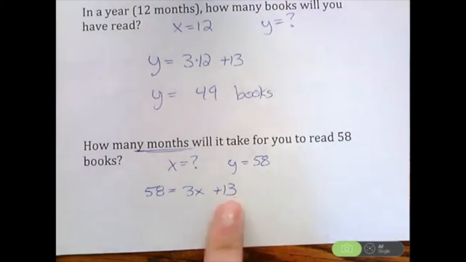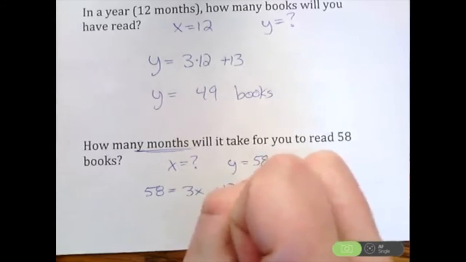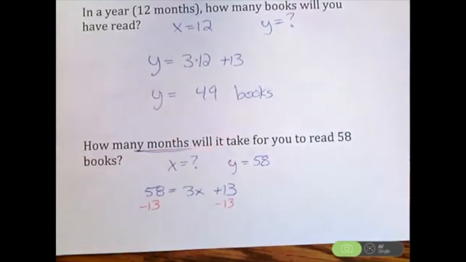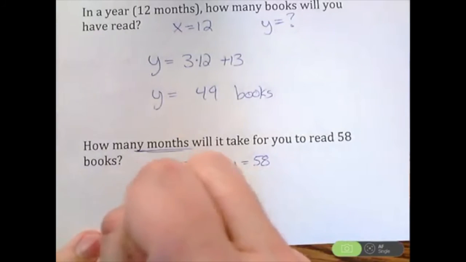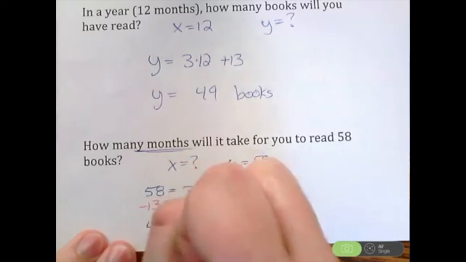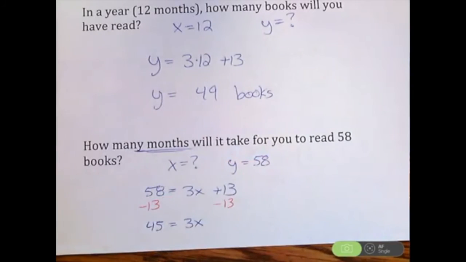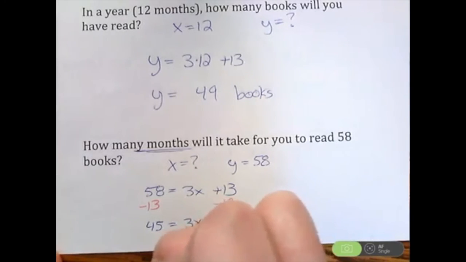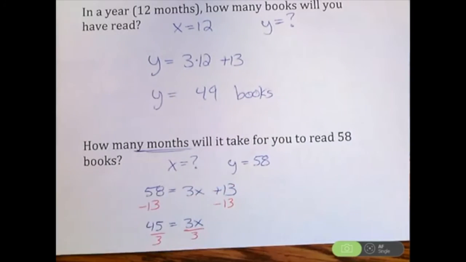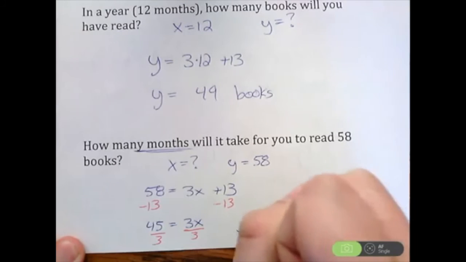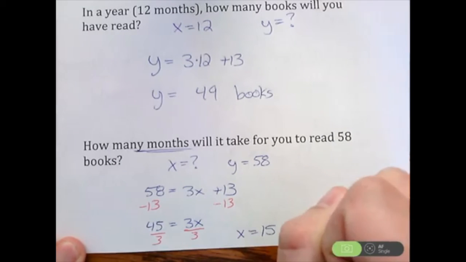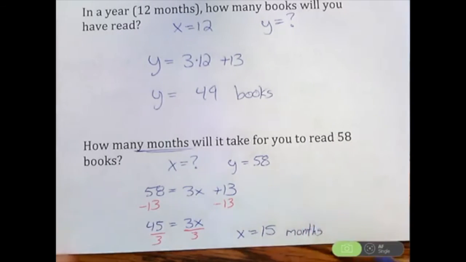So got to solve for x, get x by itself, subtract 13, subtract 13. I get 45 equals 3x. Got to get x by itself, so divide by 3, divide by 3. x equals 15. So 15 months is how long it's going to take for me to read 58 books.